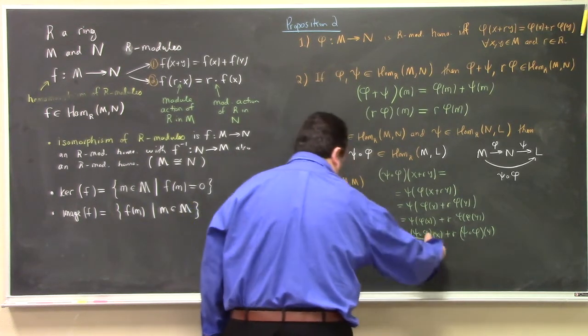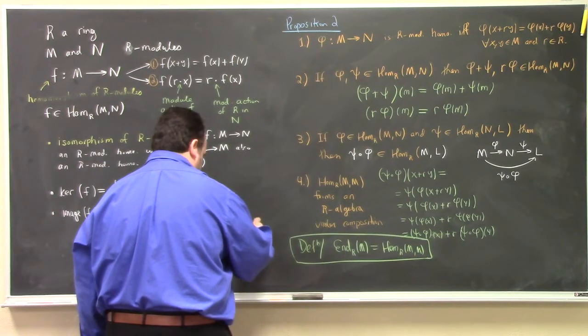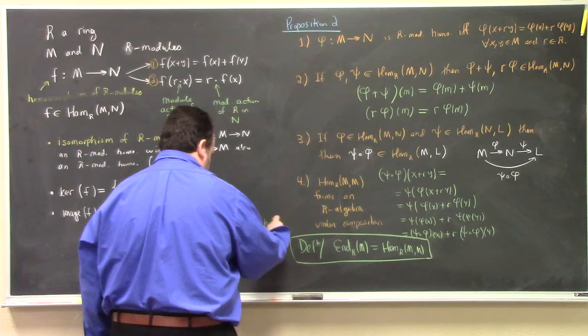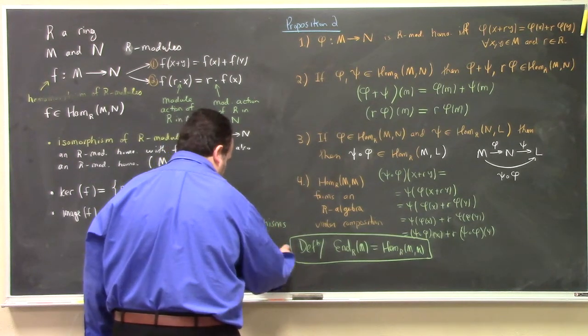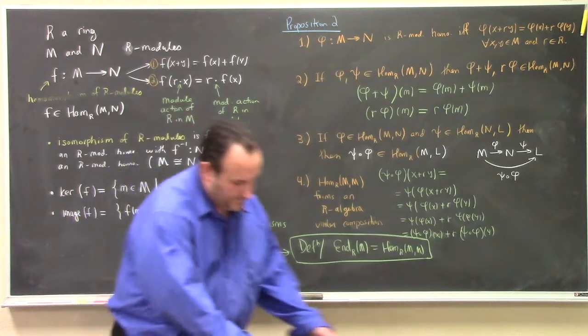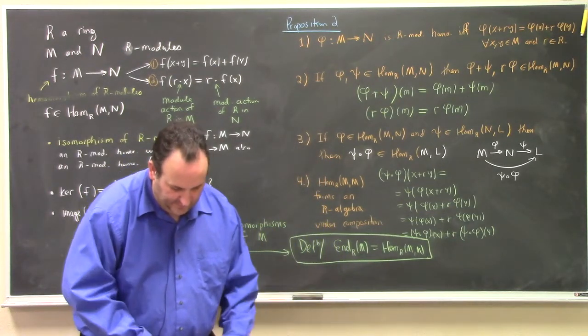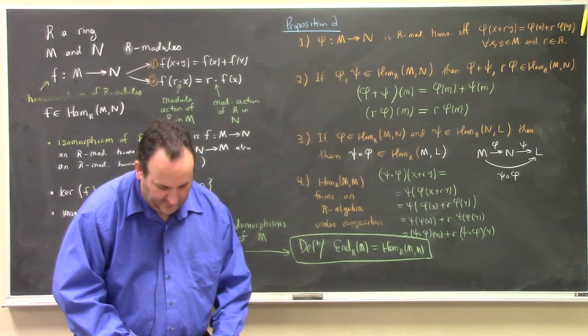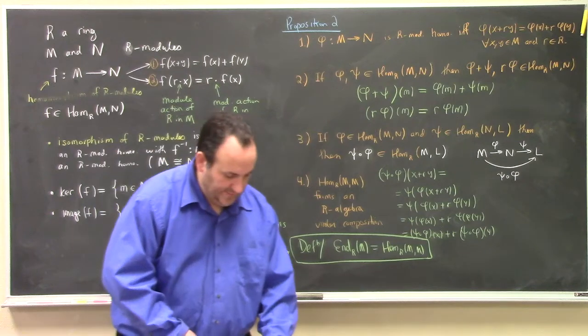Endomorphisms of M. It's called the endomorphism ring of M and will often be denoted End_R(M), or just End(M) when the ring is clear from context. Such maps are called endomorphisms.